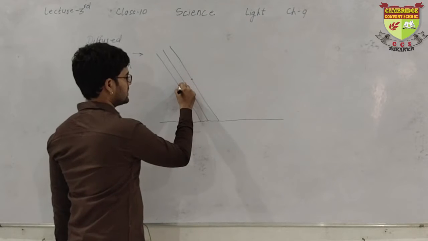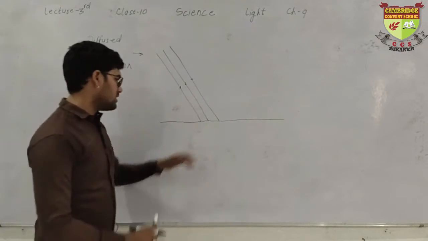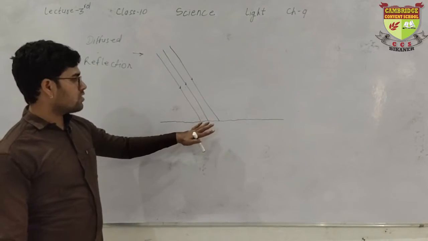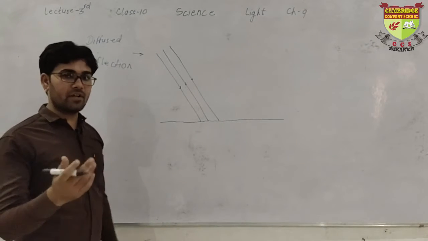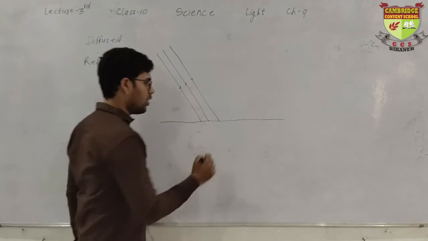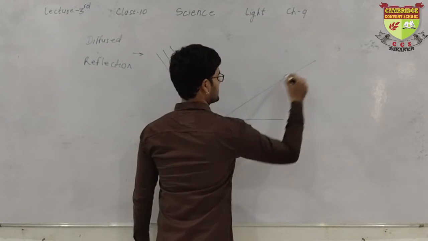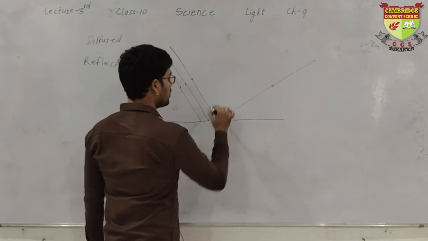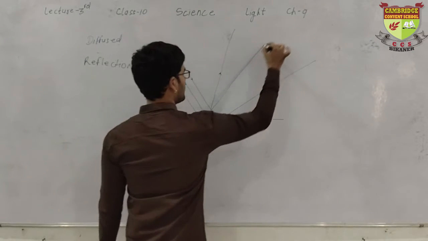The direction of incident rays. What happens after reflection? Because this is not a smooth surface, the direction of reflected rays will not be parallel or the same. It will be different. They will scatter, right? How? See, this ray may go like this. This ray may go like this. And what about this one? May go like this.